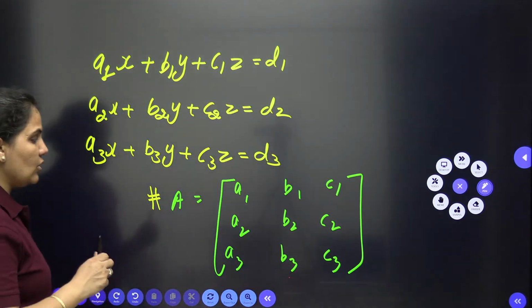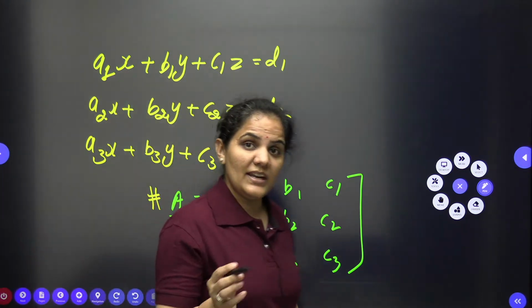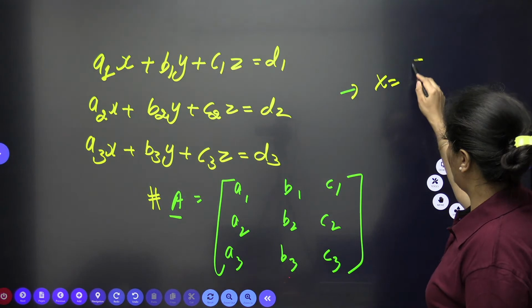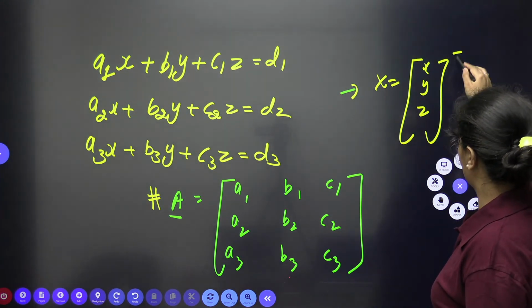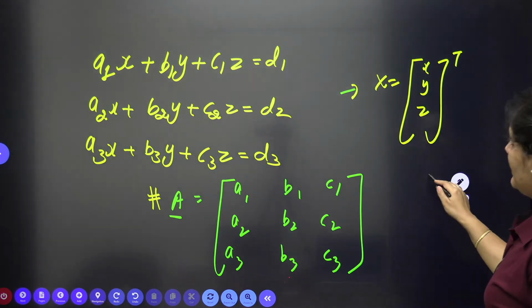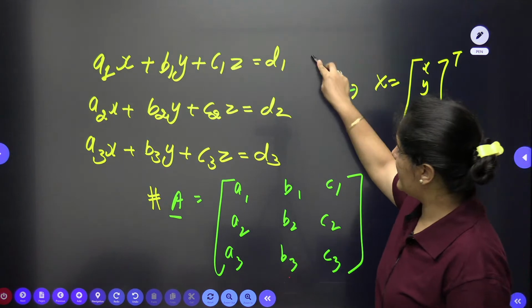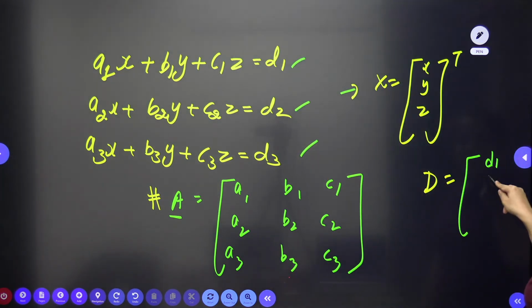If I want to write the variable matrix, capital X, it will be (x, y, z) transpose. And the constant matrix, the constants are d1, d2, d3.